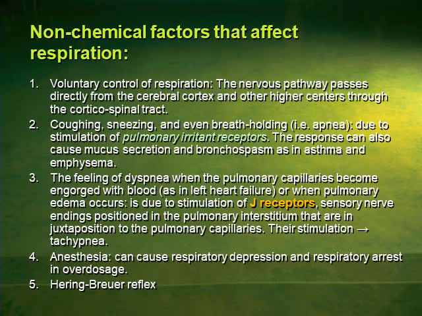The non-chemical factors or neural factors that affect respiration are many, and I will give you here 5 examples. First, the voluntary control of respiration, which means when we try to stop voluntarily our respiration or increase voluntarily our respiration.